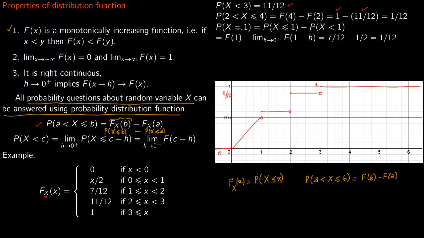So what is probability that x is exactly equal to 1? This is probability of x less than or equal to 1 minus probability of x less than 1. So this will give you exactly x equals 1. So probability x is less than or equal to 1, instead of x you are putting in 1, this is nothing but F of 1.